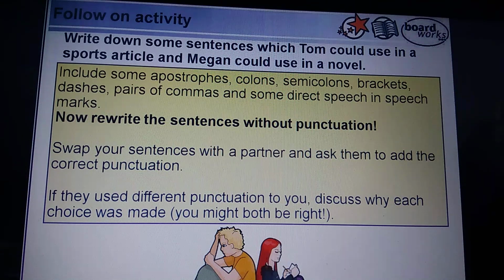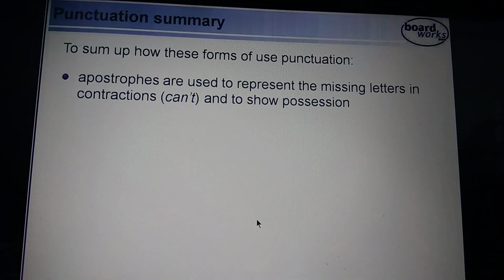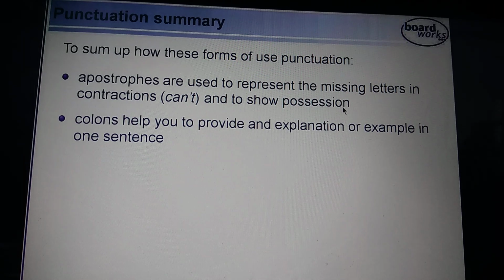So we are at the ending part of the presentation. Let us sum up the points we have understood here. The first one: apostrophes are used to represent the missing letters in contractions, like this, and to show possession.